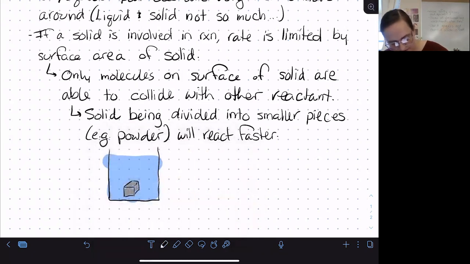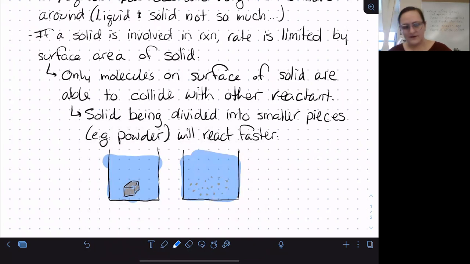Whereas if we divide this up into a whole bunch of smaller particles, either just smaller pieces or powdered, now a much larger percentage of that material is actually exposed to the liquid and able to collide with it, and therefore able to react with it.